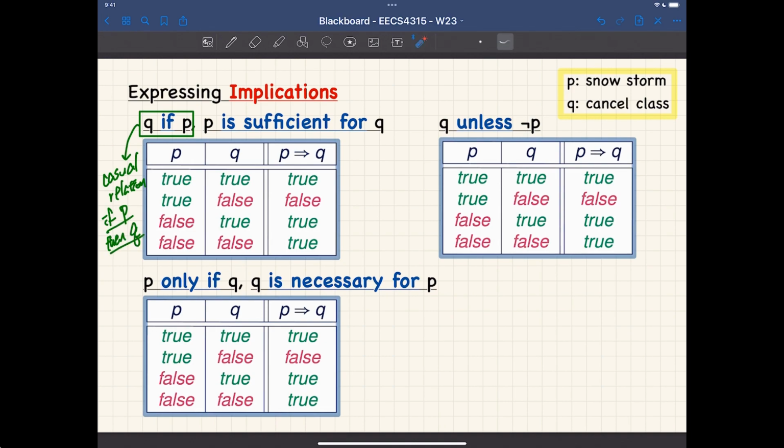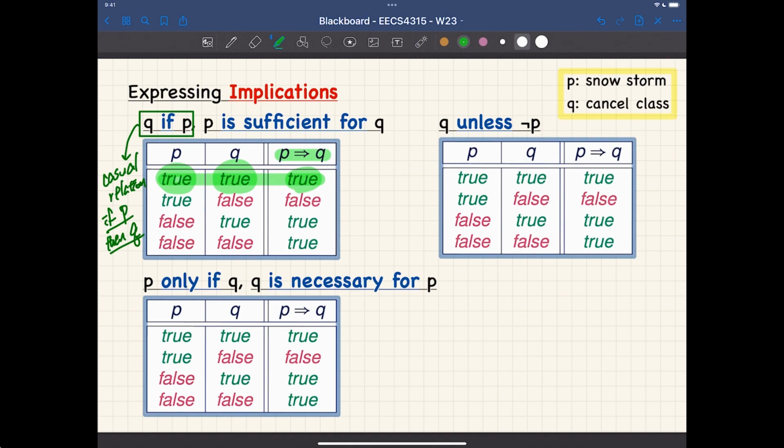Only if this is the case and this is the case will we actually get true for the implication. The causal relationship will actually be satisfied. So I'm going to highlight just this line over here. If P is already true, and also Q is true, we know that this causal relationship would just be true. It's satisfied. That's the only way to make it satisfied.